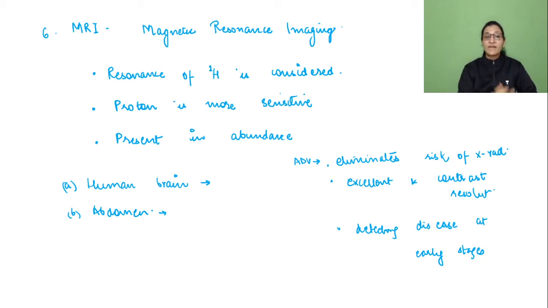Now, when we have seen the advantages of MRI, it is compulsory for us to know the advantages of NMR as well. Though it is the topic, so it is but obvious. So NMR advantages.